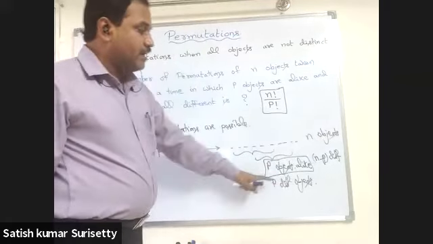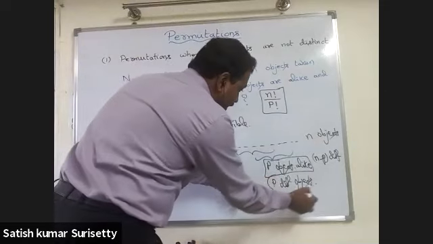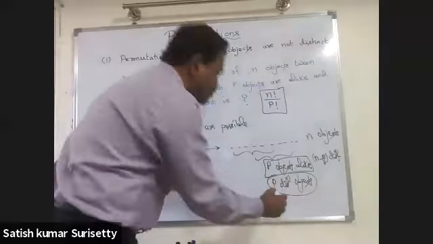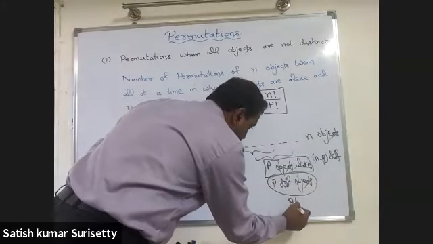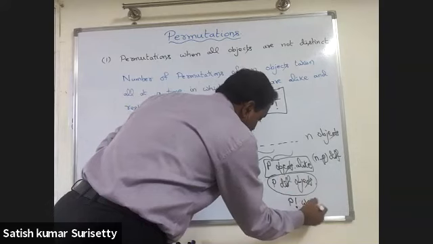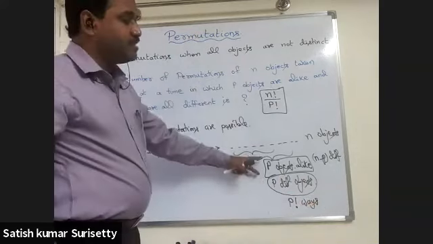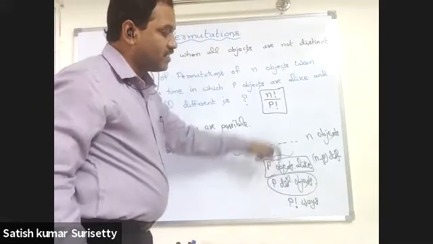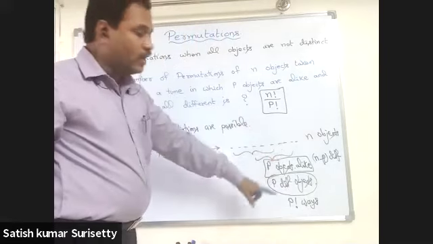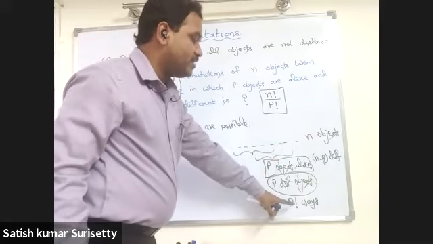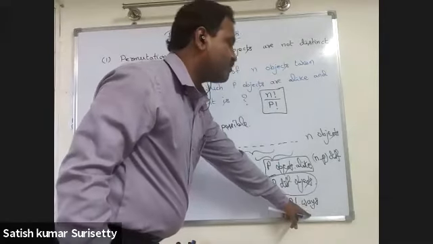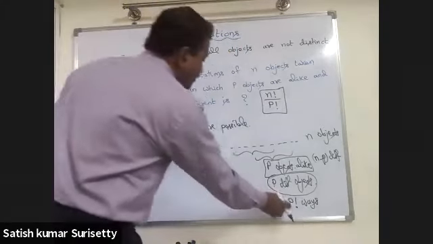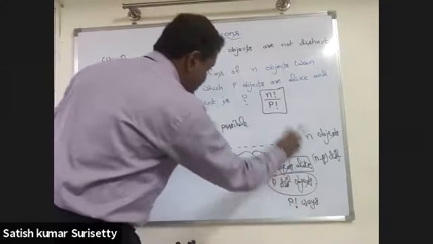Because all are distinct, these p objects can be arranged among themselves in p factorial ways. Why? Because there will be p blanks, which are all the same, that we have replaced with the new objects. So for one permutation, I am getting p factorial ways of arrangement.